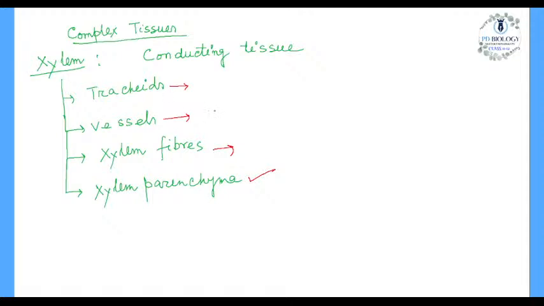In gymnosperms, vessels are absent. Remember this one. Xylem fibers have highly thickened walls.